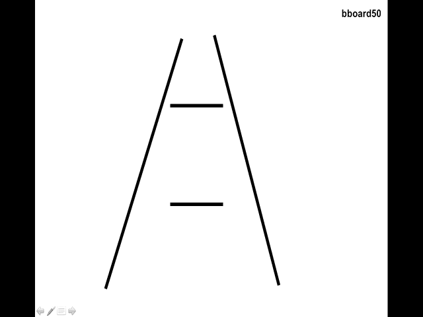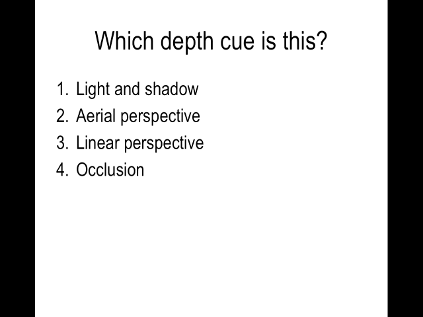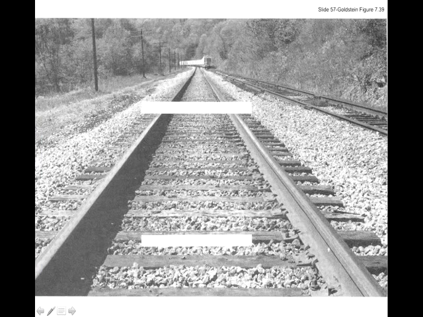Alright, this is a play on the Mueller-Lyer illusion and linear perspective. This one is better. So linear perspective is that as lines converge in the distance, they're getting further away. The train track isn't getting smaller or that train would crash.